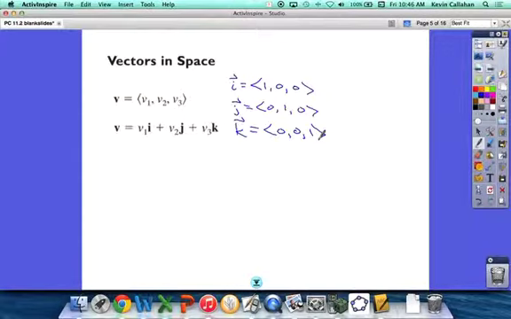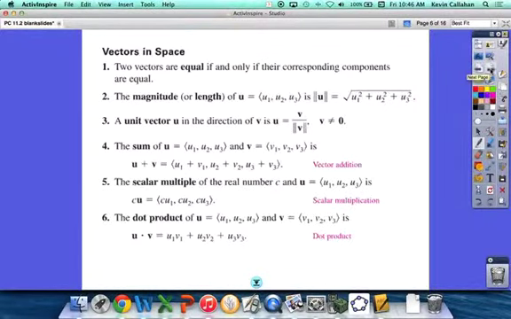Okay. We're good. Okay. Slow me down if I go too fast. So here's all the things we'll do with vectors in space.